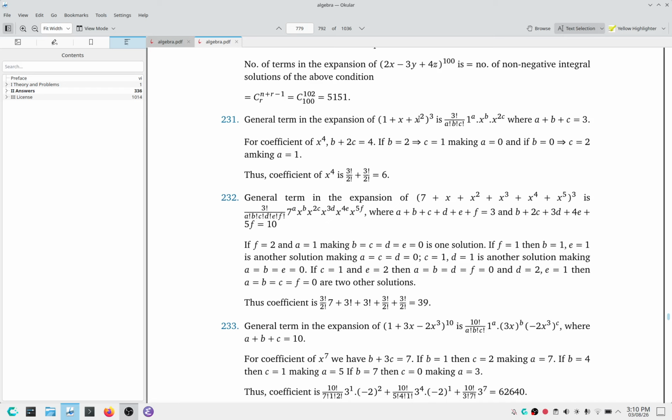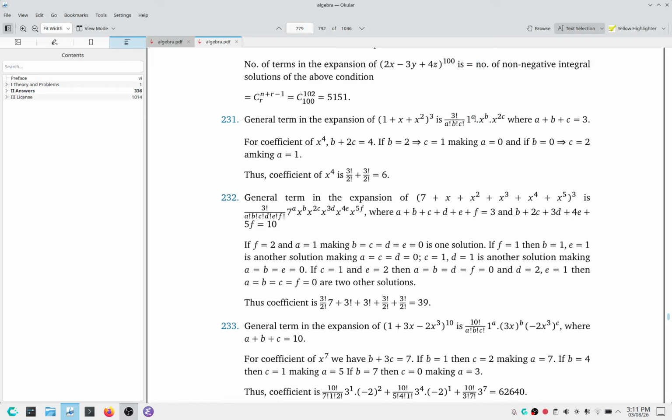Now if you look carefully, b could be 2. So if b is 2, c is 1, making a 0. The second option we can have is b is equal to 0, that is c is equal to 2, and if c is equal to 2, then a would be 0, right?